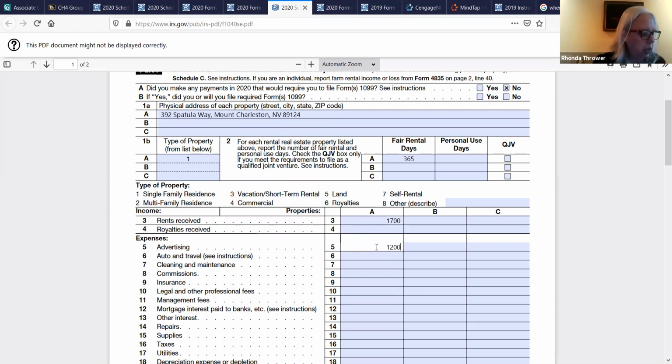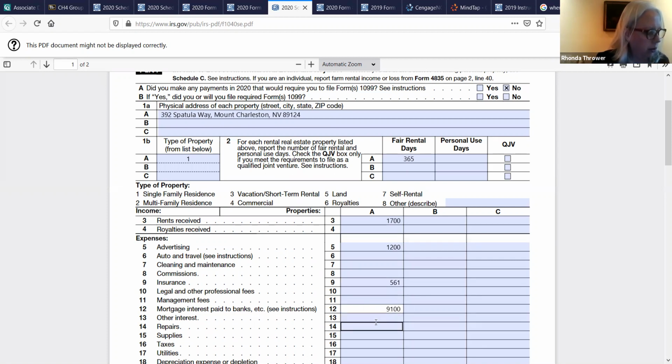We had some insurance expense. And I'm taking these straight off the problem. We had some mortgage expense. And we had some taxes.